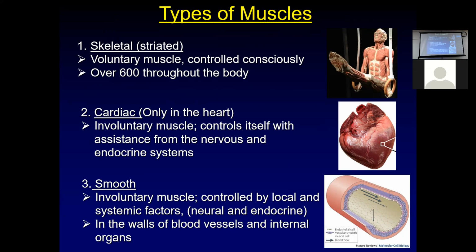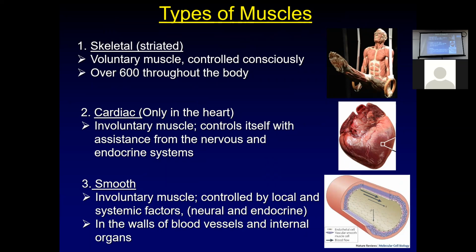For today and probably the next couple of lectures, we're going to focus exclusively on skeletal muscle, okay? Skeletal muscle is a little bit different than the other kinds of muscle in your body, which are cardiac muscle and smooth muscle, okay? We will cover cardiac muscle in the cardiovascular system. We'll cover smooth muscle as well in the cardiovascular system, okay?